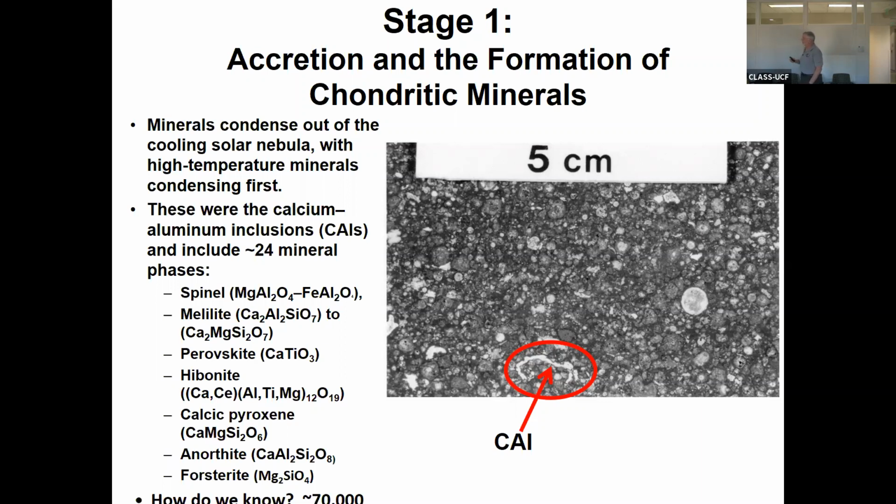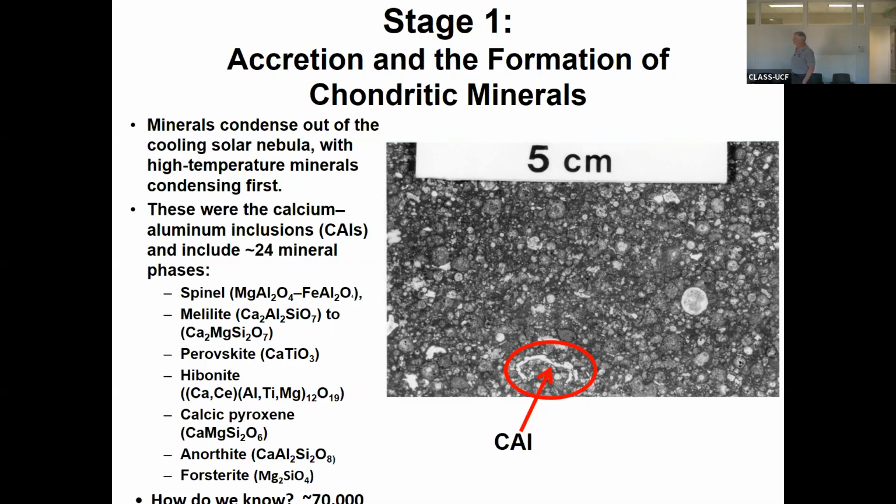You get all these well-known minerals like spinels and melilites and perovskites. Turns out that there's a silicate perovskite and a calcium titanium perovskite, and I don't know who names these things. Hibonite, the chemical variation on hibonite is just mind-bending.